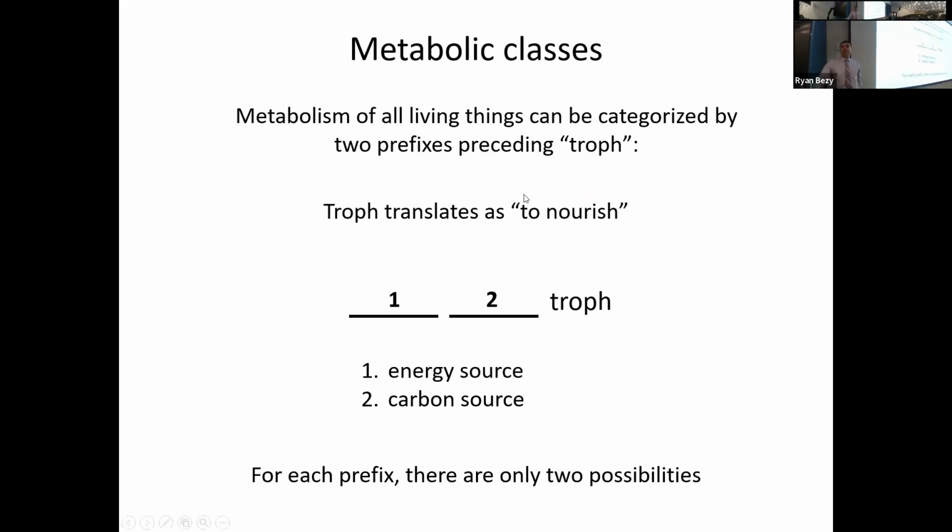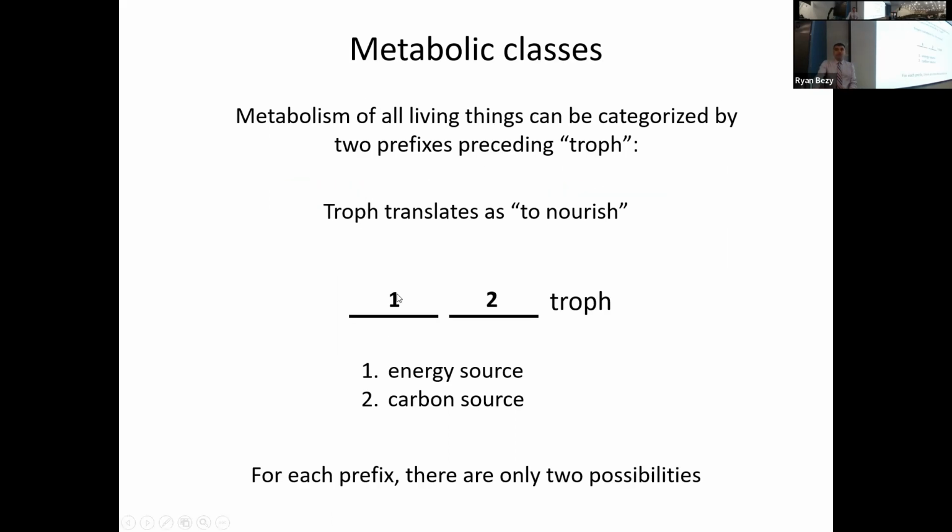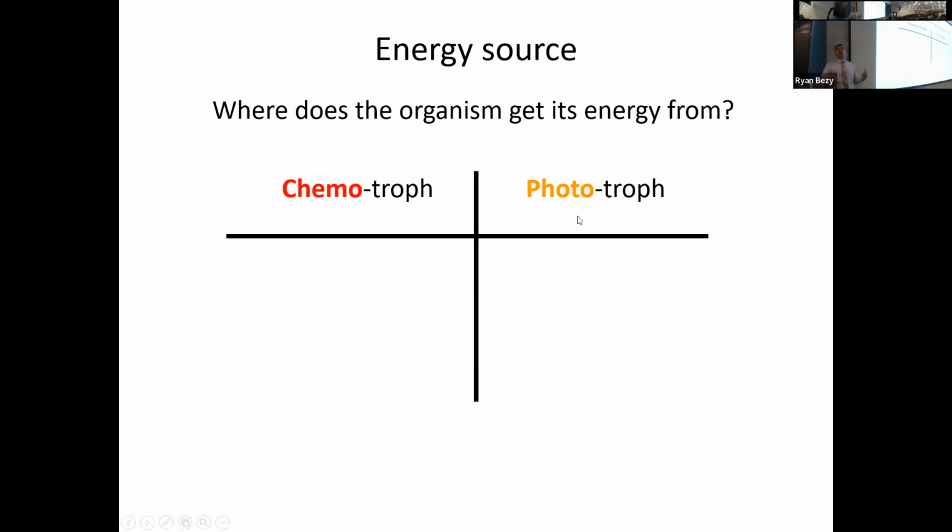If we're looking at that first prefix, there are two things I can put into spot number one. Organisms can either be a chemotroph at that first spot, or a phototroph. That first spot describes their energy source. Where does the organism get its energy from? Chemotrophs get their energy from processing chemical nutrients.